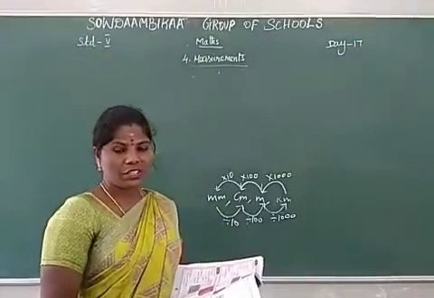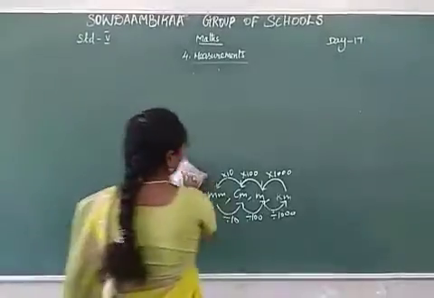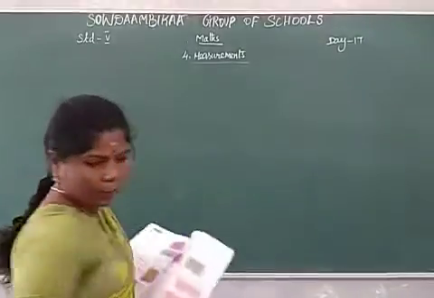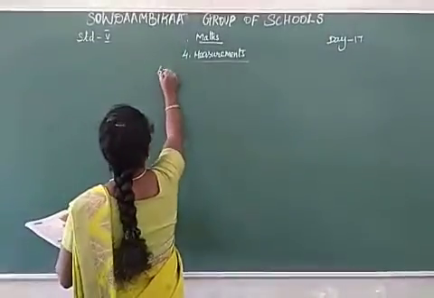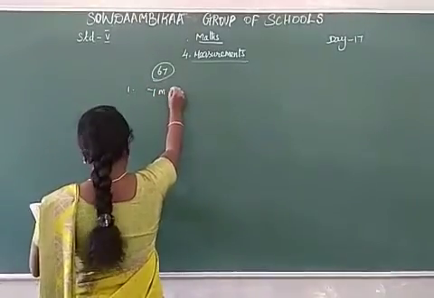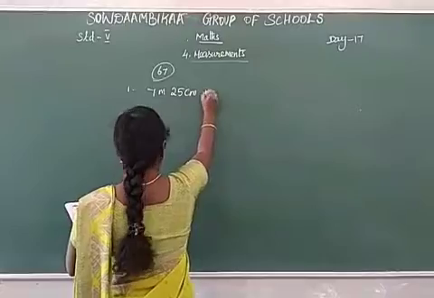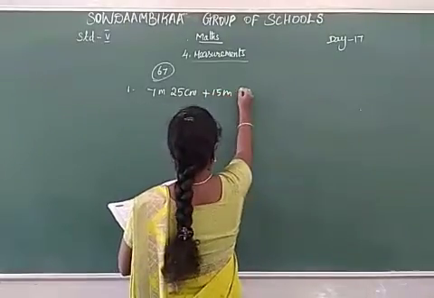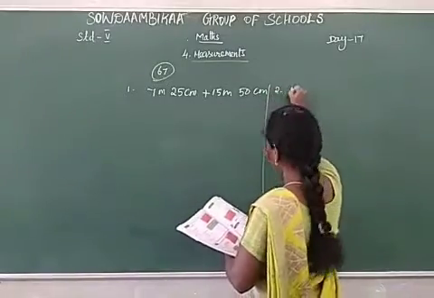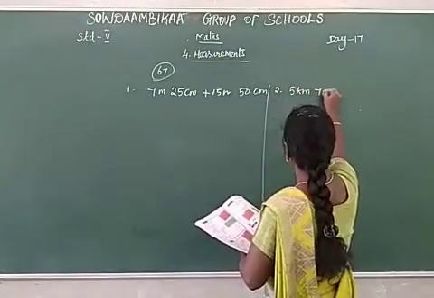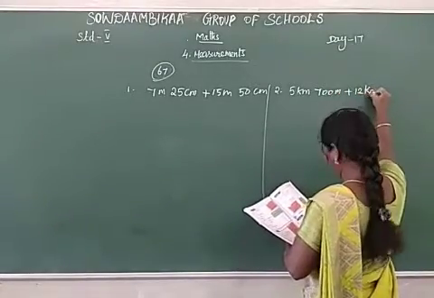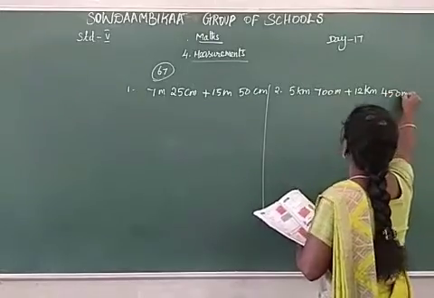Now see the addition. Page number 67. Example, first one: find the sum of 7 meter, 25 centimeter plus 15 meter, 50 centimeter. Next, second sum: 5 kilometer, 700 meter plus 12 kilometer, 450 meter.